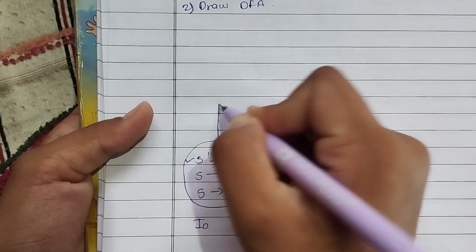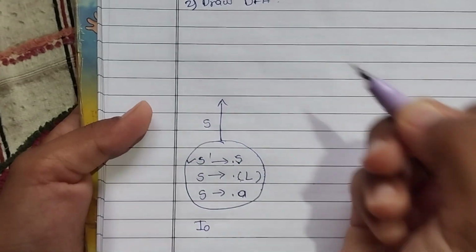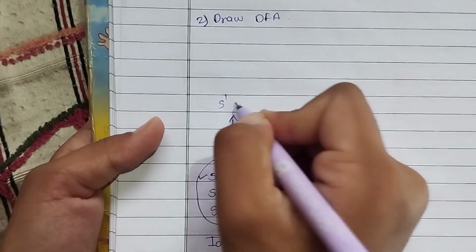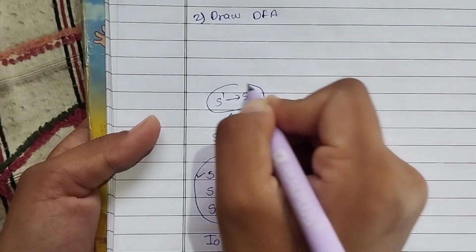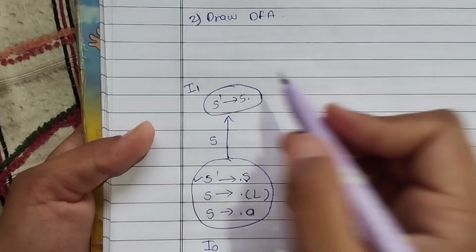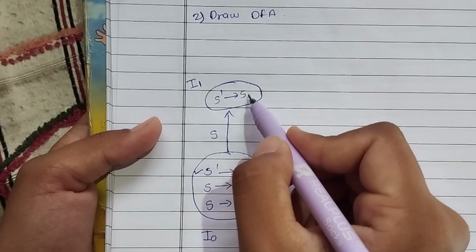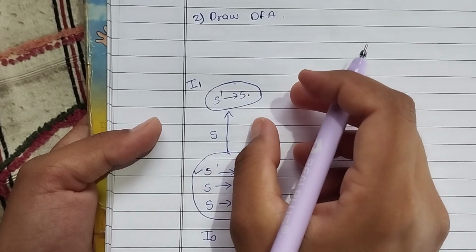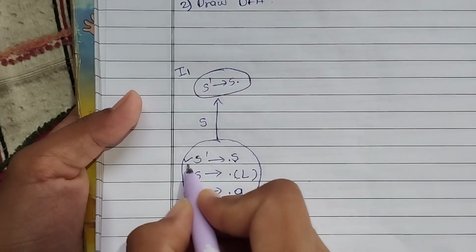So first this change is with respect to S. We write S and shift the dot after S. So S' → S., and this is the next state. This is I0, this is I1, and we do not write anything below S' → S., because when the dot reaches the end of the grammar, that is the acceptance state and we do nothing further. Now we have visited the first grammar.